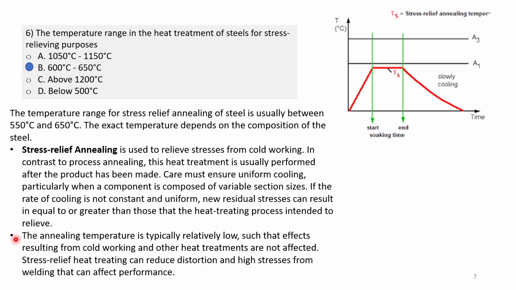The annealing temperature is typically relatively low, such that effects resulting from cold working and other heat treatments are not affected. Stress relief heat treatment can reduce distortion and high stress from welding that can affect performance.